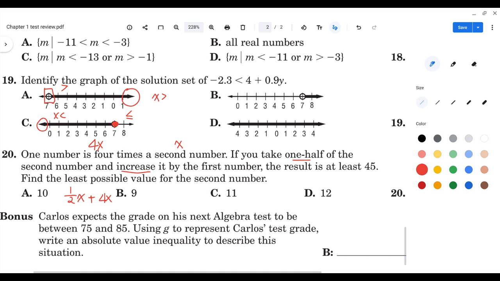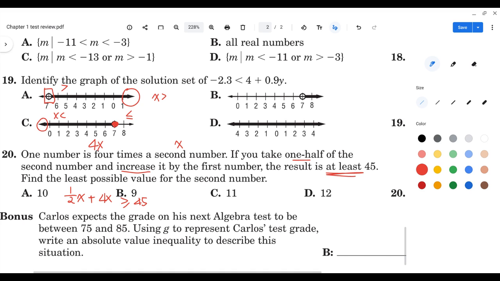The result is at least 45. So at least means it must be bigger or equal to 45. Find the least possible value for the second number.